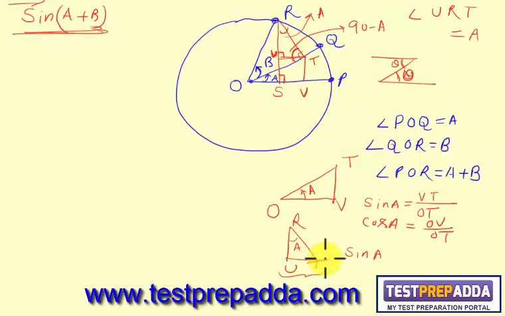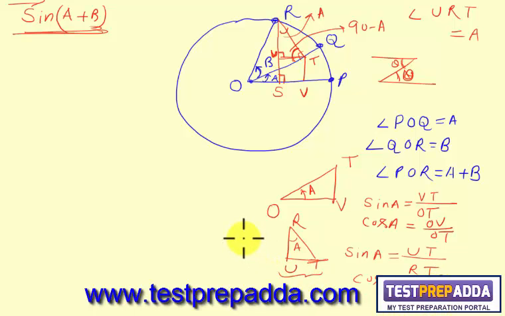Then sine A will be UT upon RT, and cos A will be what? Cos A will be base, that is UR upon RT.